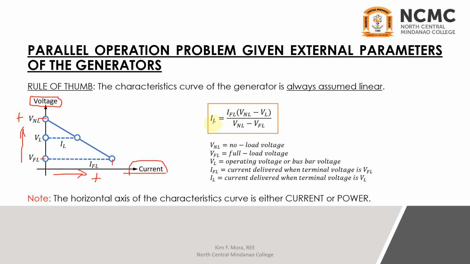Okay, so our IL, that is the current developed when the terminal voltage is VL, is equal to the current at full load multiplied by our no load voltage minus the operating voltage or the bus bar voltage, divided by our no load voltage minus the full load voltage.